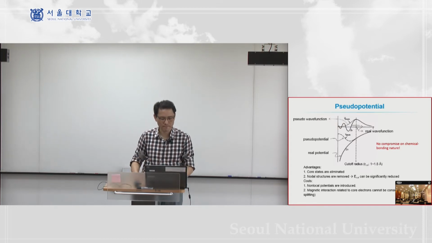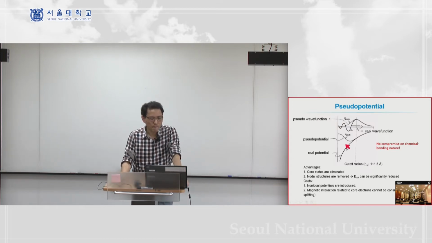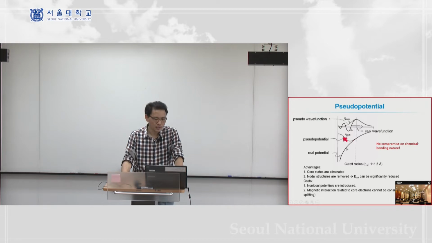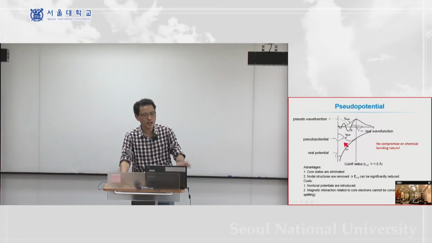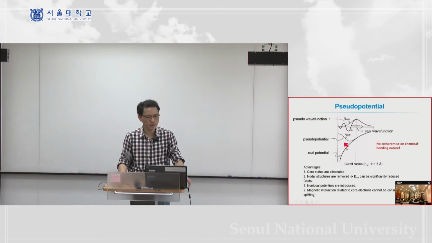They do not overlap. By doing this kind of pseudization, the advantages are that the core states are automatically eliminated, because you have eliminated all these strong potentials in the nucleus, so you are eliminating the core electrons entirely.